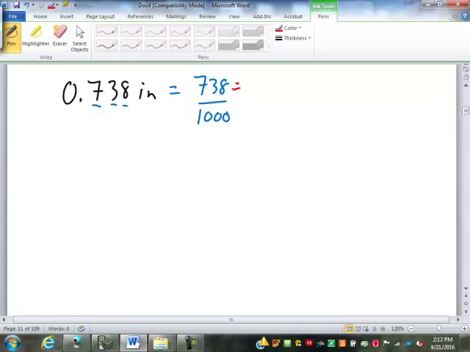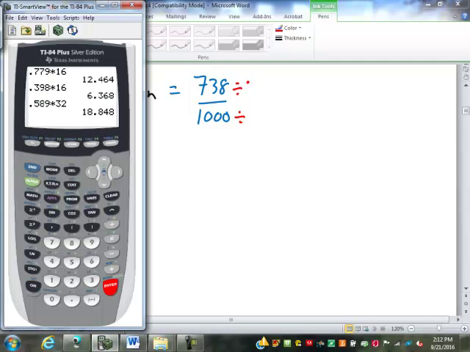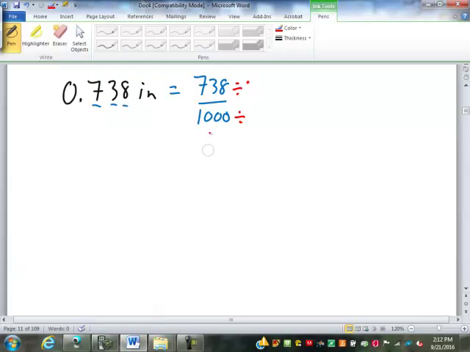Both can be divided by what? 32? Can you divide that by 1,000? I don't think it divides by 32. Not quite going to work for us. Okay. That's okay. If you're not making mistakes, you're not trying, right?